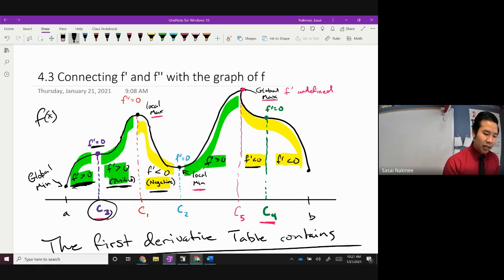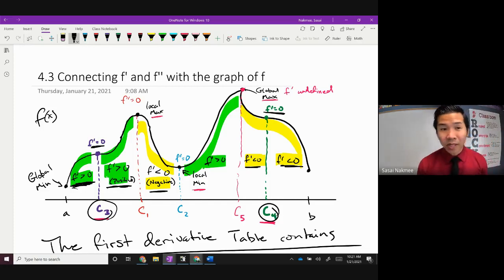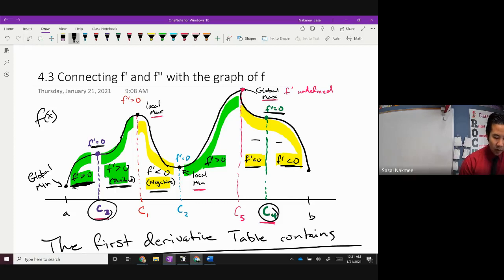And same thing over here at C4. We have a critical point there, but that's not a max or a min because the signs don't change. It stays negative around that critical point, and over here it stays positive. It only has an extrema if the signs change from negative to positive or from positive to negative.